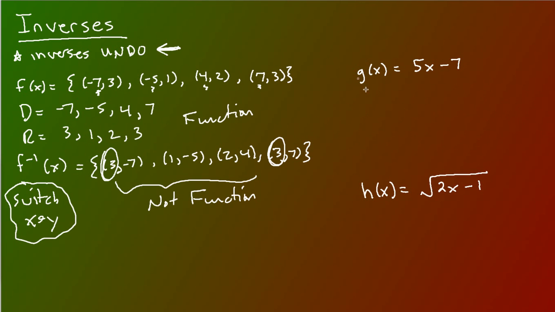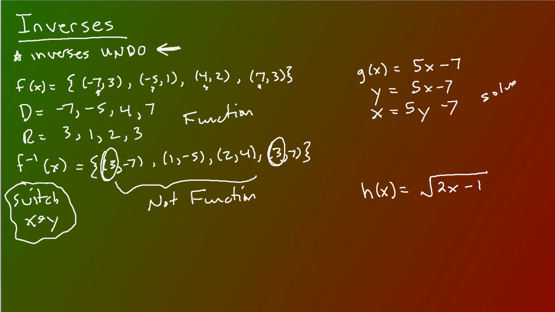So here we have g of x, and what we're going to do is, first of all, instead of saying g of x, we're going to say y equals 5x minus 7. And if I want to find the inverse of this, I'm going to do exactly what I did over here. I'm going to switch x and y. So wherever there's an x, I'm going to put a y.